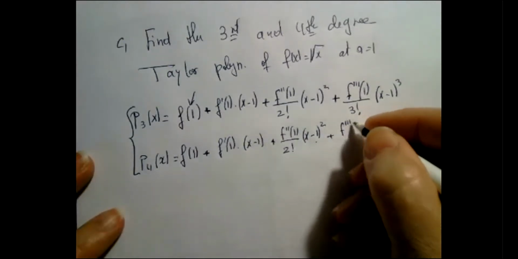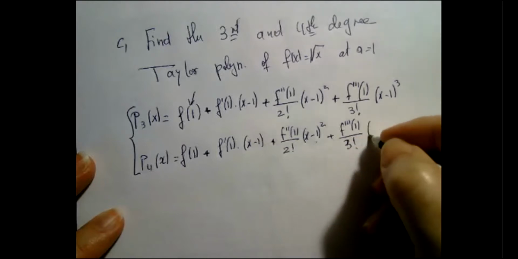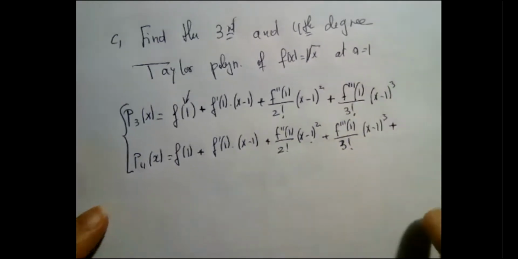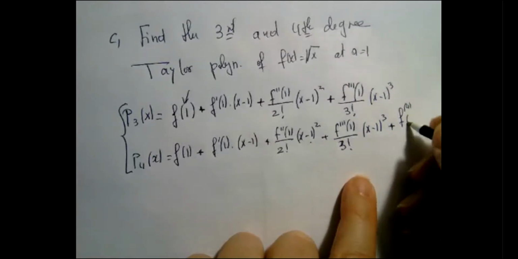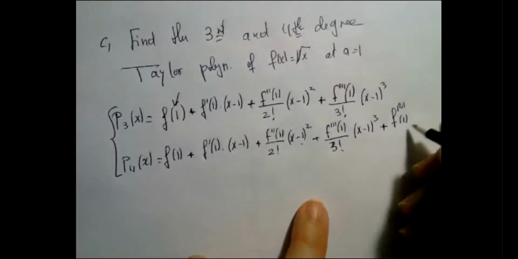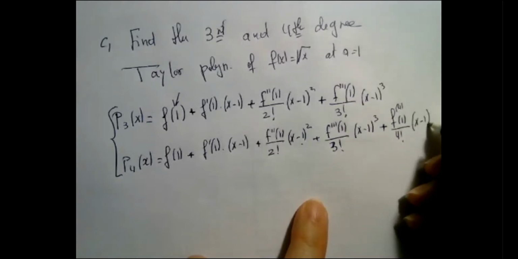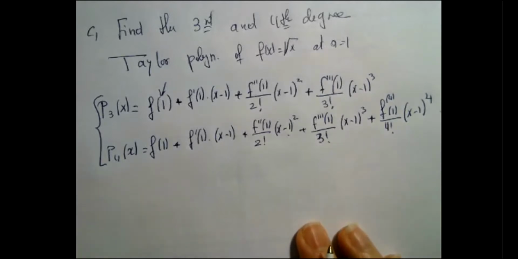Plus the third derivative at 1 over 3 factorial times x minus 1 to the power 3, plus the fourth derivative at the base point over 4 factorial times x minus 1 to the power 4. So that's the formula, and now we're going to evaluate them.